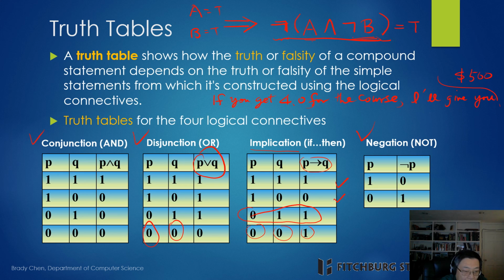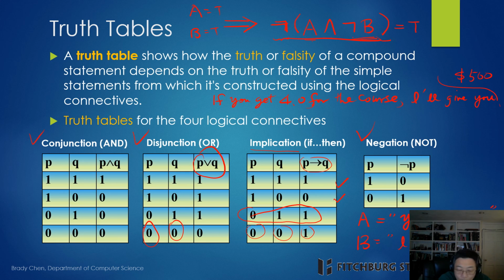Now let's define A as "you get 4.0 for the course", and B as "I will give you $500". So two propositions.